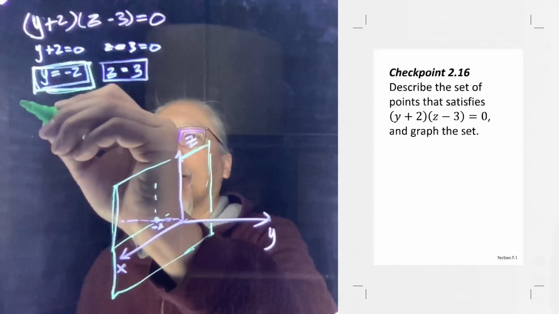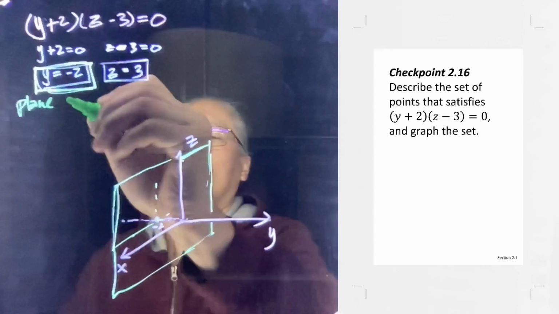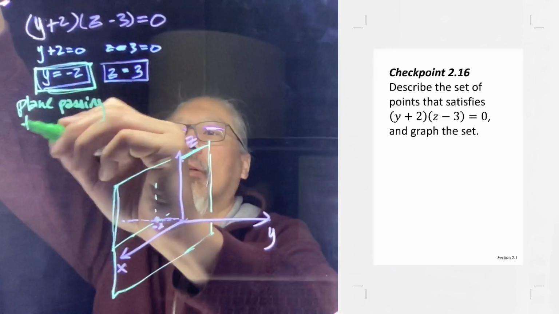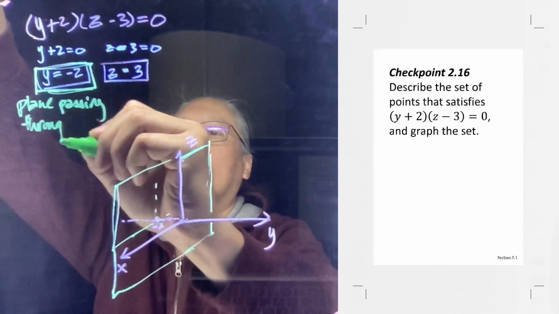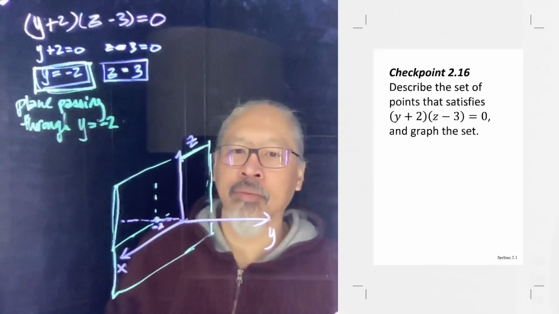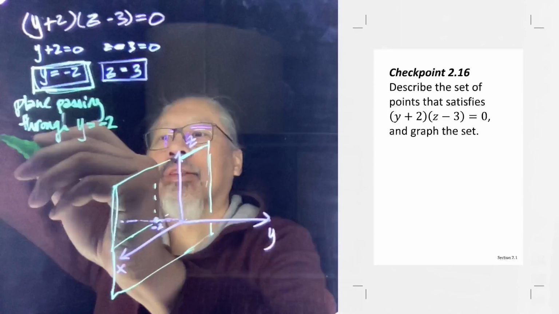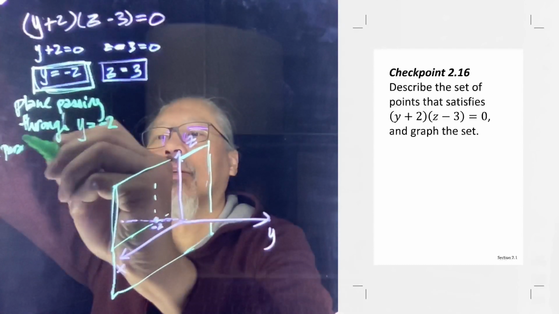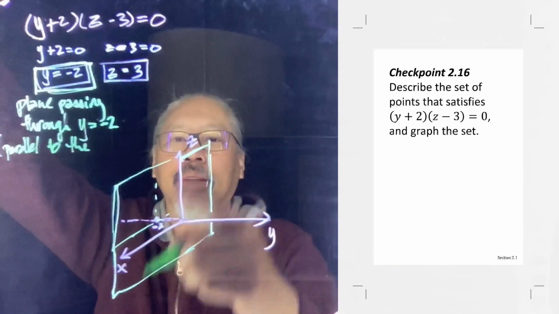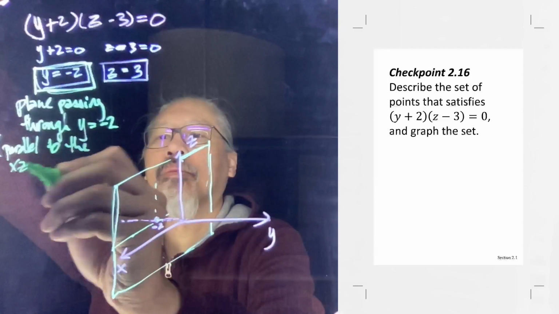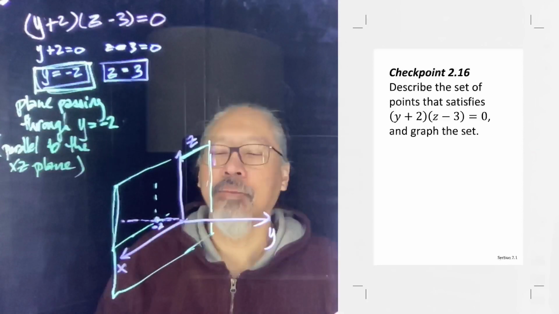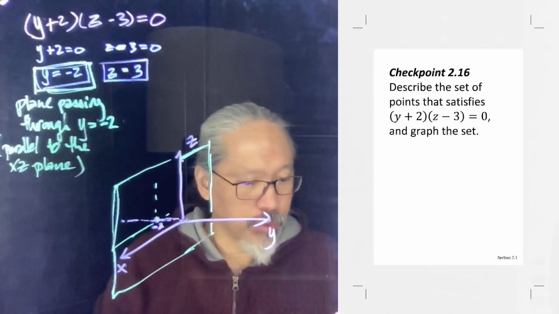So this describes a plane passing through y is equal to negative 2. Okay, so I want to say a little bit more. This is parallel to the xz plane. All right. That's one of the planes.